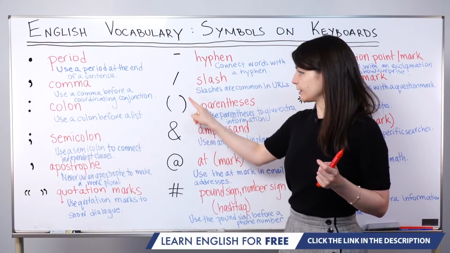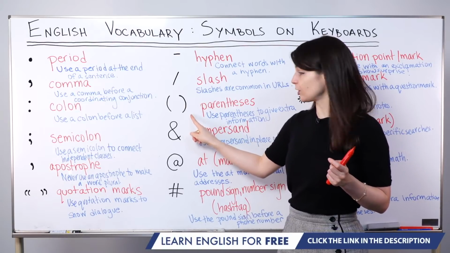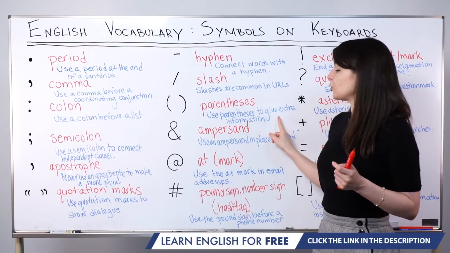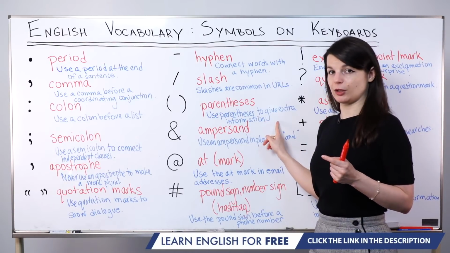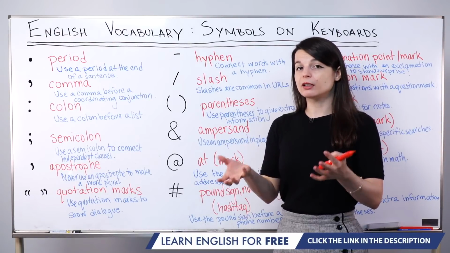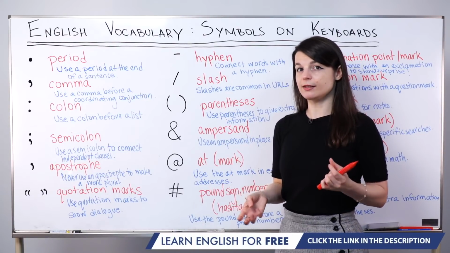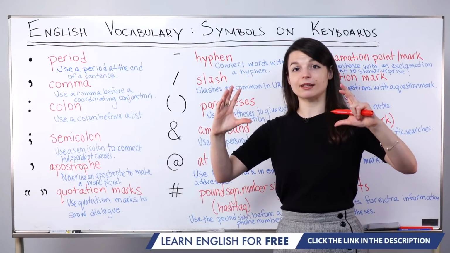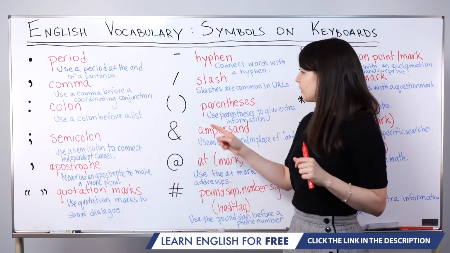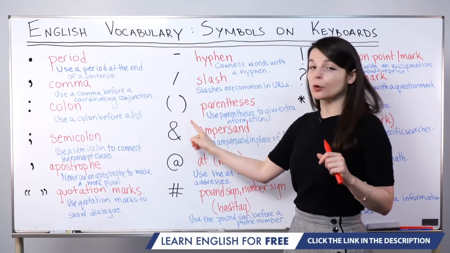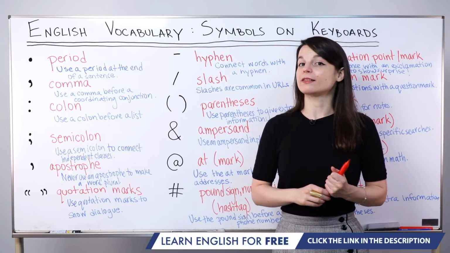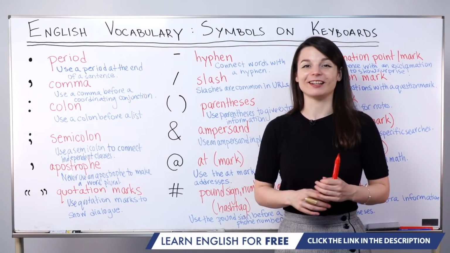We use this when we finish sharing extra information. So as I said, we use parentheses to give extra information. Maybe it's not the most important point, but we want to share a little bit of extra information in our sentence. We can put parentheses around that information. That shows that it's just kind of extra. So open parentheses, closed parentheses. These are very commonly used, and you can find them easily on most English keyboards.